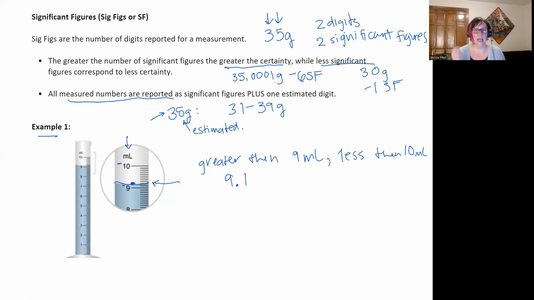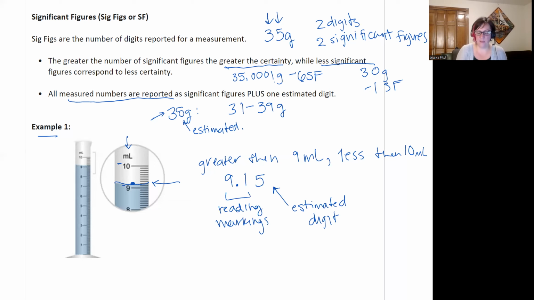Using those markings, now I'm going to estimate one digit. This is the part I can actually read, and now I need an estimated digit. I think it's right in between the 9.1 and the 9.2, so I'm going to say 9.15 and split the difference. But I'm pretty much guessing on that. I'm just using my ability to look at that line and estimate.